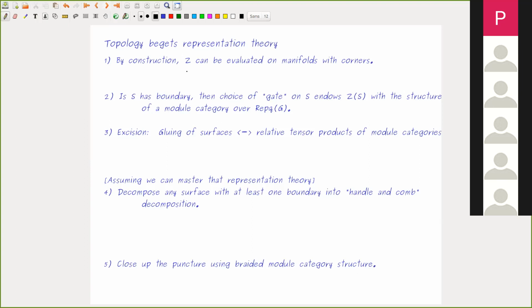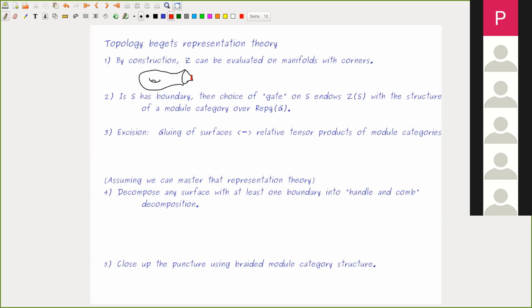So for instance, if I have a surface with boundary, the kind of thing I'm supposed to get from this is, first of all, a category. But better than just a category, it's a module over the boundary. But even better, I can alter this slightly and think of this as a manifold with corners, and I can highlight just a little bit of the boundary.